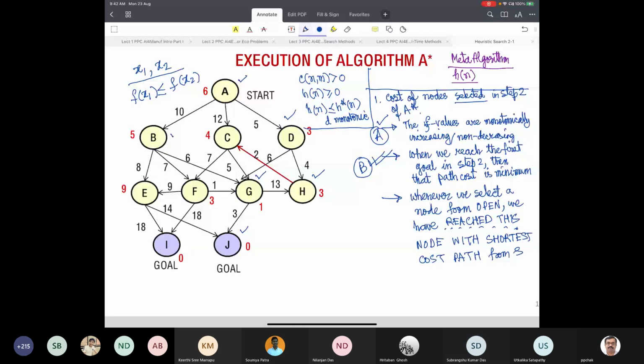Correct? Yes, sir. A and B implies C, which means that whenever we remove a node from open, g(n) is the minimum cost path from S to N. Correct?